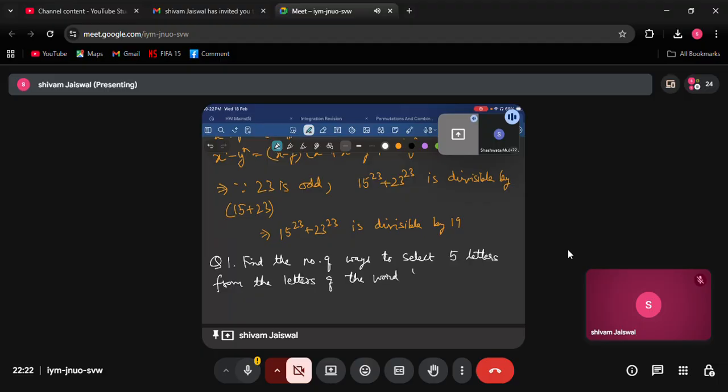Last day we have done generating functions. Everyone apply it today. Find the number of ways to select 5 letters from the letters of the word independence. Okay, solve. Once you have done it, send your answers.